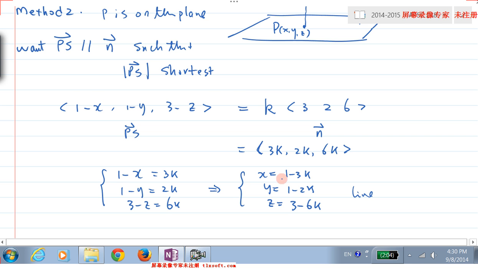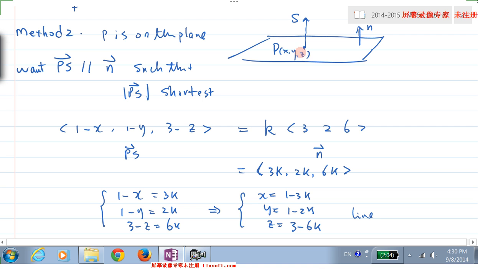But there's a variable k here, and we don't know what k is yet. We have to find the k value, then we can find the distance between P and S. So we have to make use of some other given condition to find the value of k. What else can we make use of here?